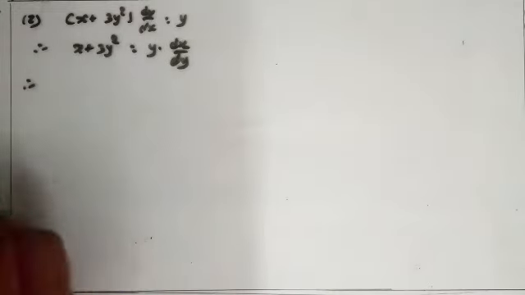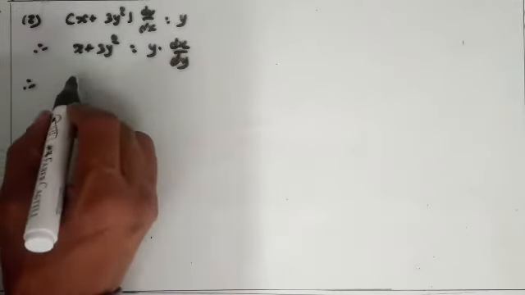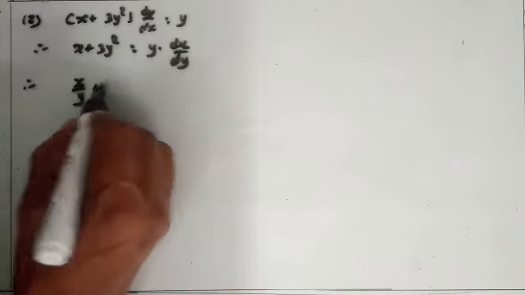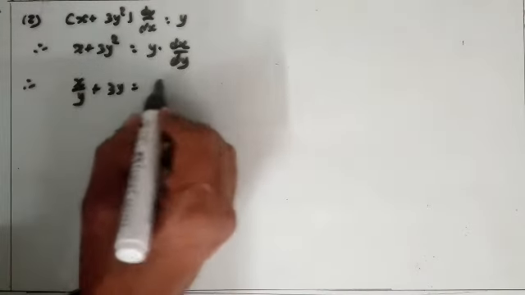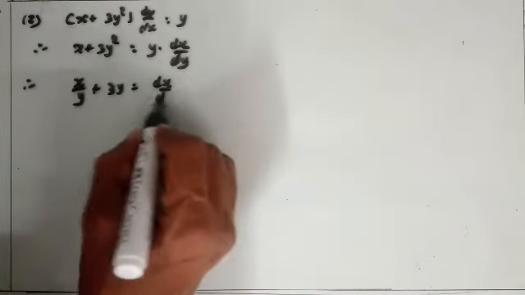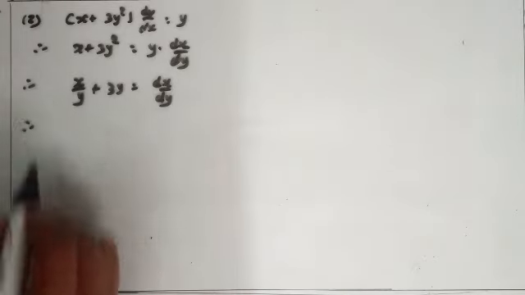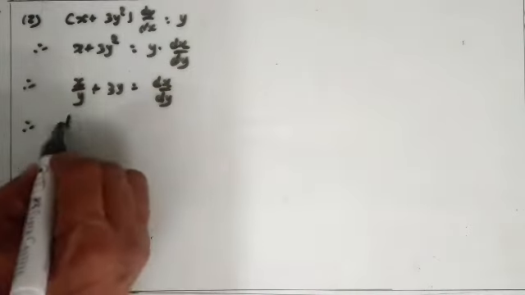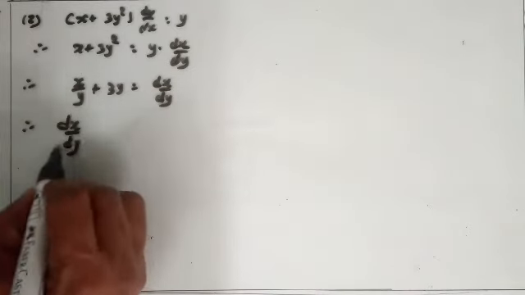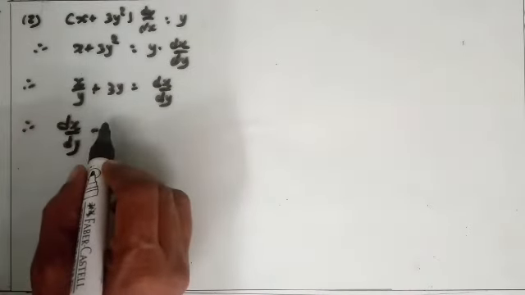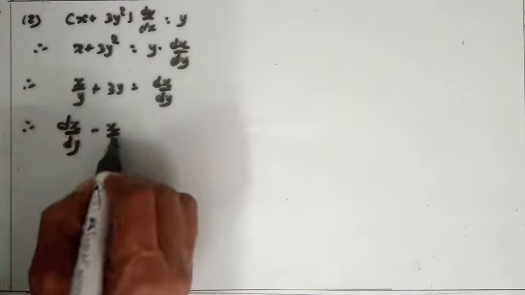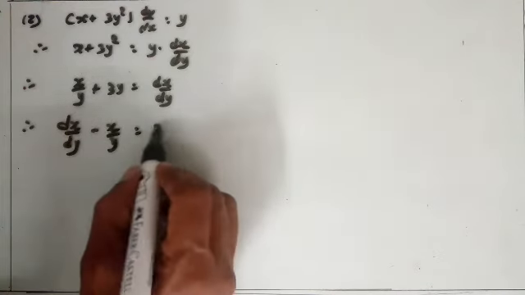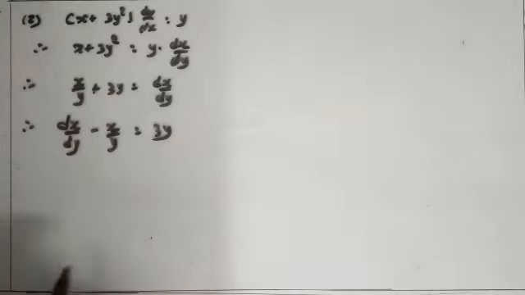Therefore now dividing by y, we get x upon y plus 3y is equal to dx/dy. Therefore now x upon y take this side, we get dx/dy minus x upon y is equal to 3y. This becomes a linear differential equation.